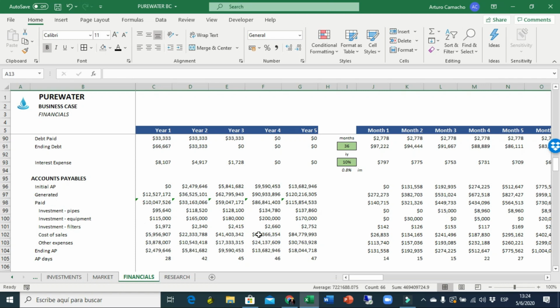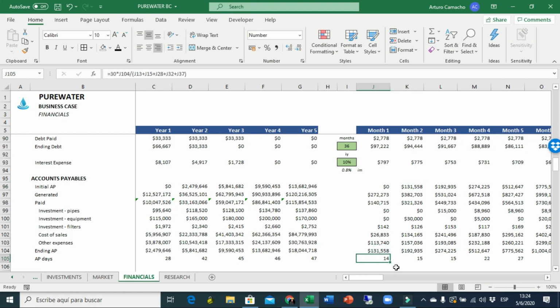Okay, and once we get all of the expenses or the paid expenses, we then calculate the ending accounts payable, which is just the initial plus the generated minus whatever we paid. Okay, and that is the beginning balance of the accounts payables for the next month, and so on.